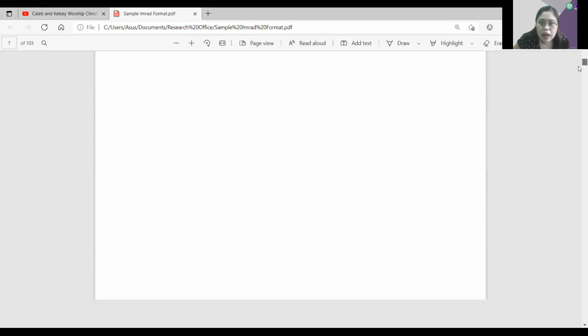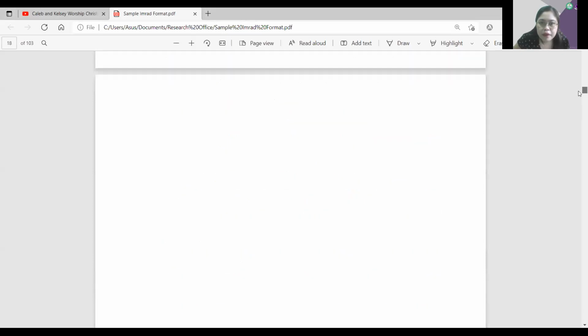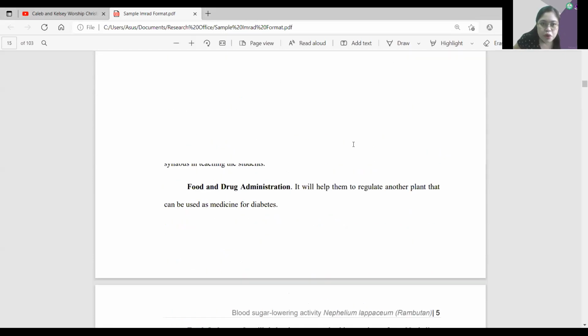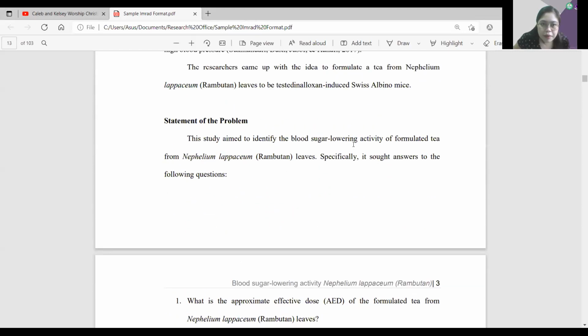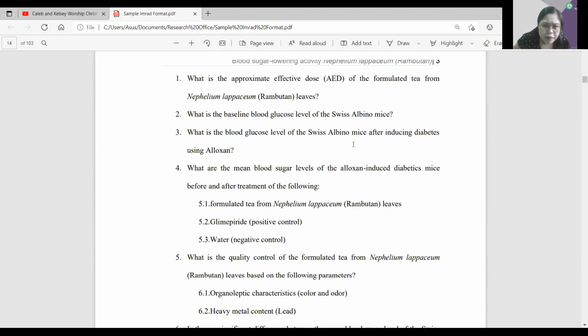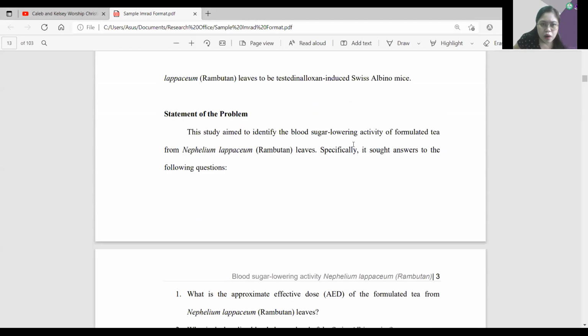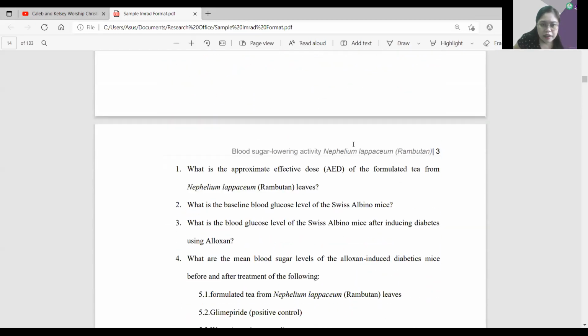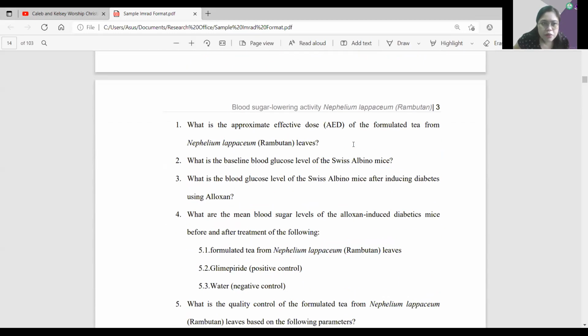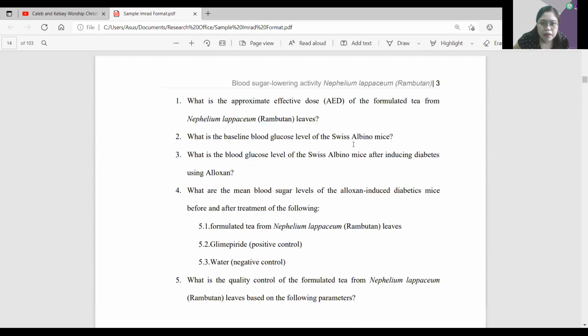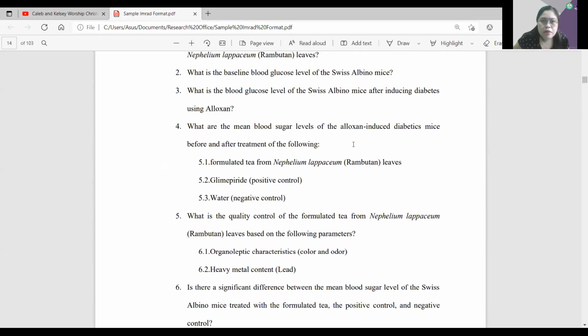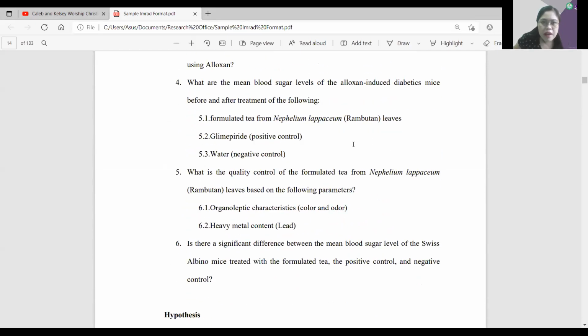And if we look at their paper, let's review their statement of the problem first. They have many statements of the problem, 6. So the first question is the AED, approximate effective dose. Number 2, baseline blood glucose. Then blood glucose level after induction with alloxan.